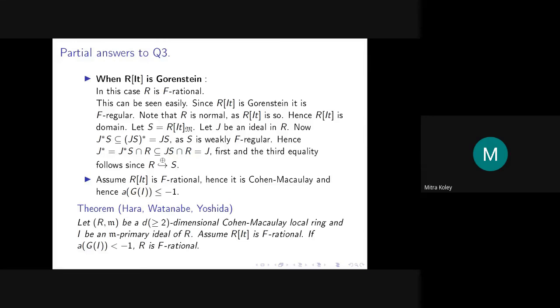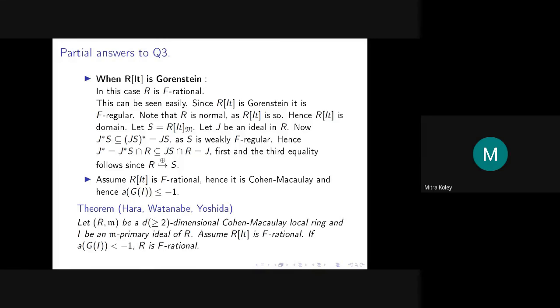They proved that, let (R, m) be a d-dimensional Cohen-Macaulay local ring, and I be an m-primary ideal of R. Assume that the Rees algebra is F-rational. If the a-invariant of G(I) is strictly less than -1, then the base ring is always F-rational.